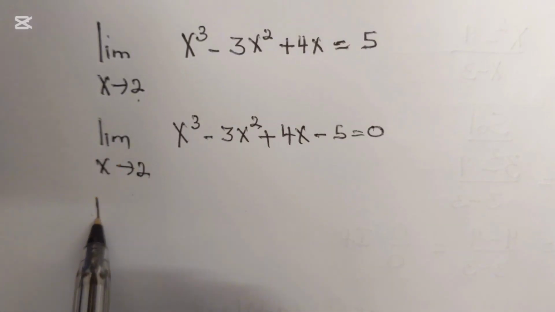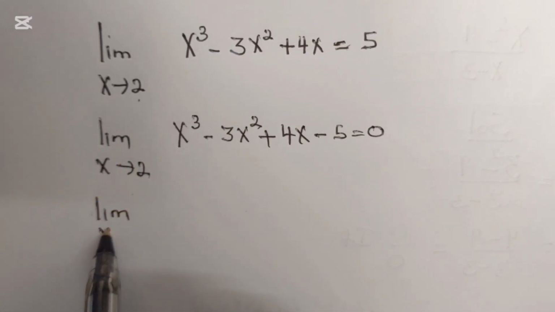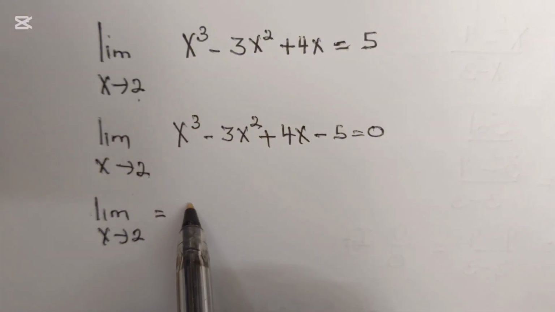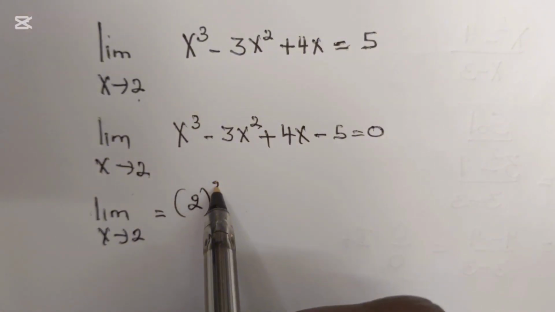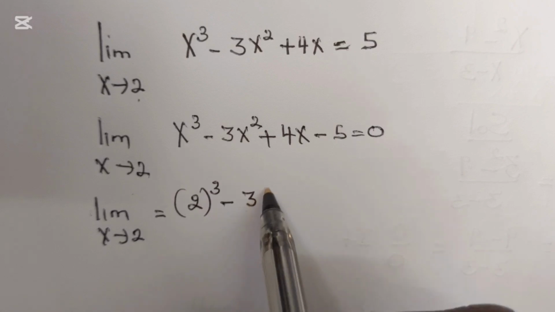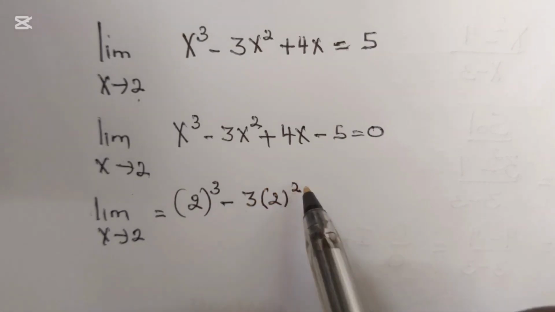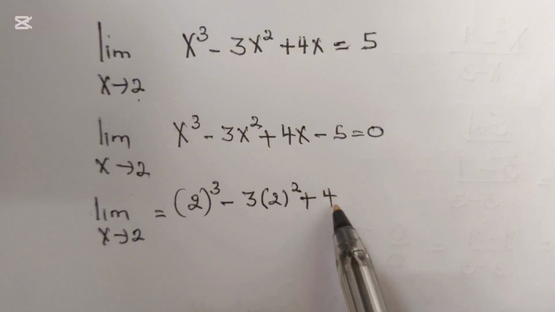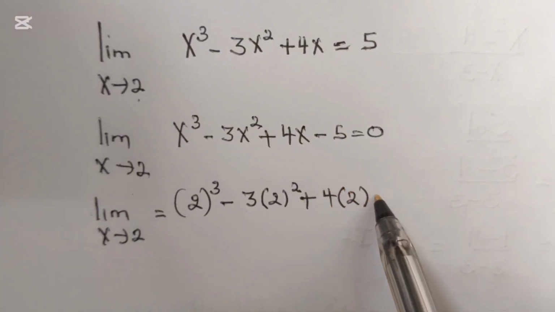So limit x approaches 2 equal to 2 cubed minus 3 times 2 squared plus 4 times 2 minus 5.